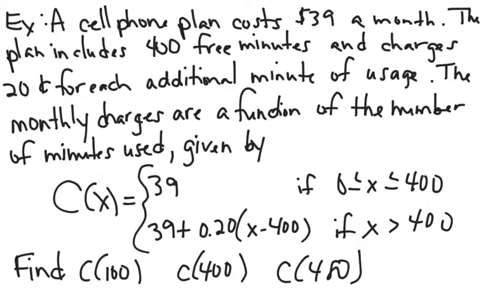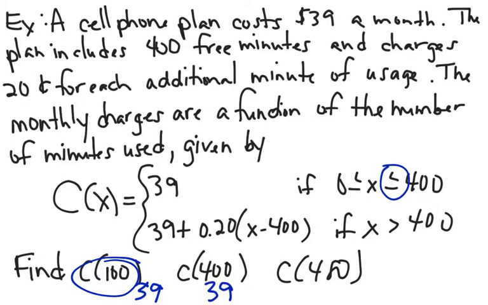Well, this is just a matter of figuring out where you're going to plug numbers into a function. C of 100 is going to get plugged into the first function, which is just 39, because 100 is between 0 and 400 minutes. How about C of 400? Which one does that get plugged into? Well, it gets plugged into the first one, so the answer is again 39.